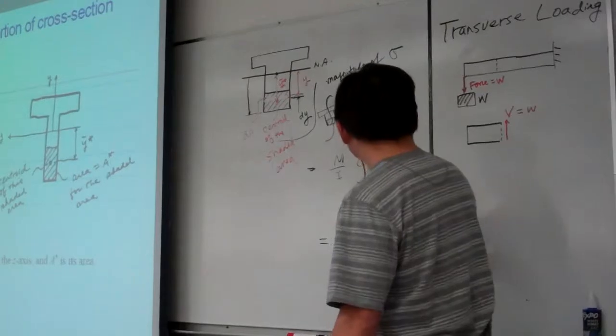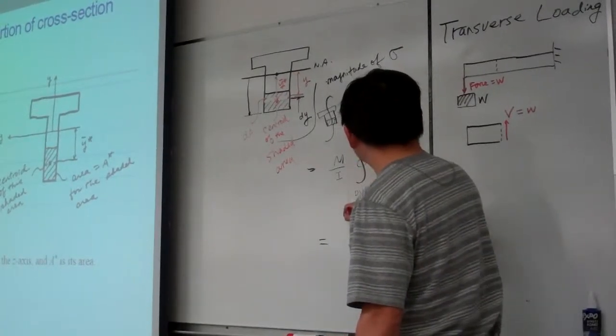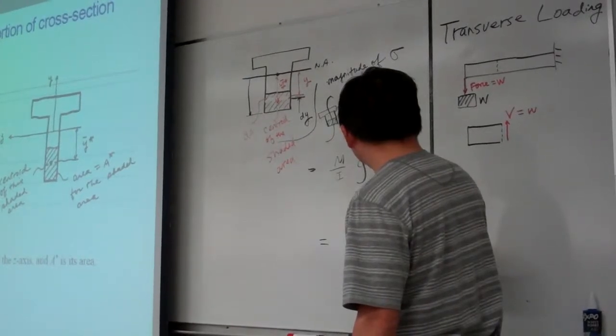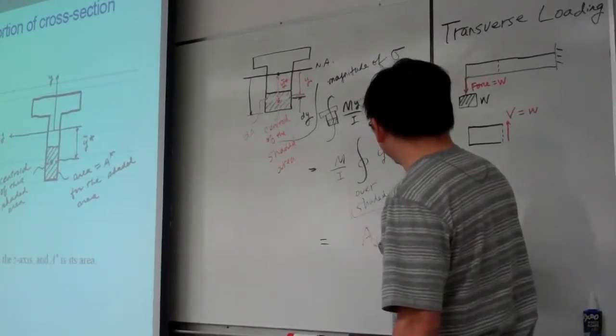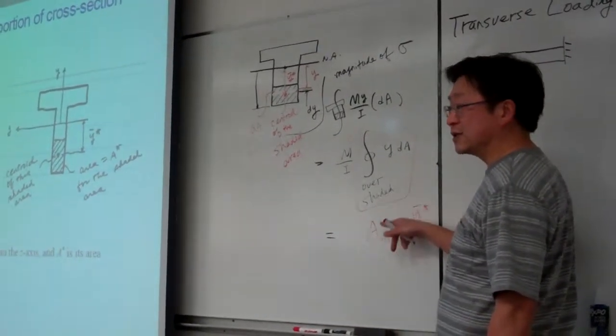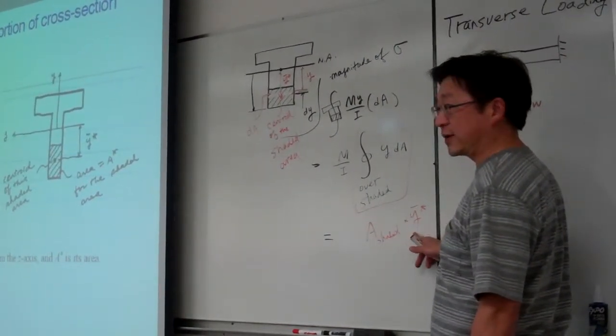Then this quantity is basically equal to the shaded area multiplied with y bar star. Okay, this integration can be replaced by this multiplication.